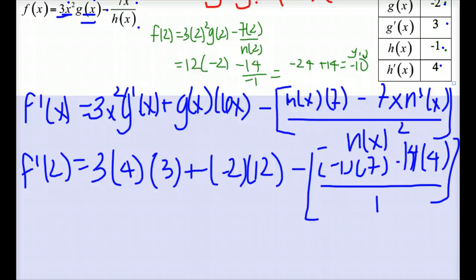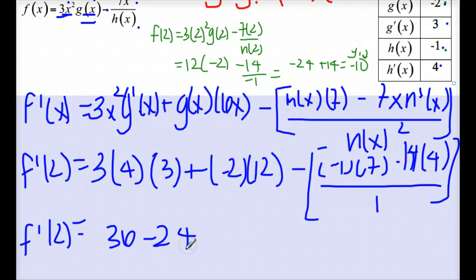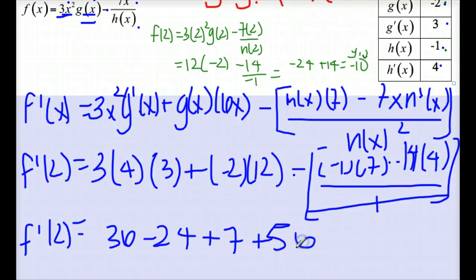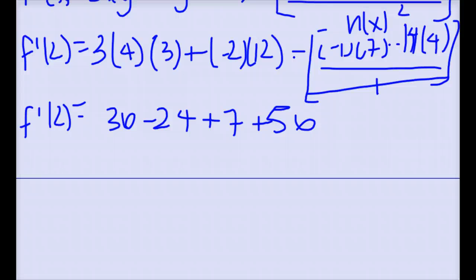What we get is f prime of 2 is equal to 36 minus 24, then plus 7, plus, because of those negatives, 56. And if I do just a little bit more math, you'll get f prime of 2 is equal to 75.